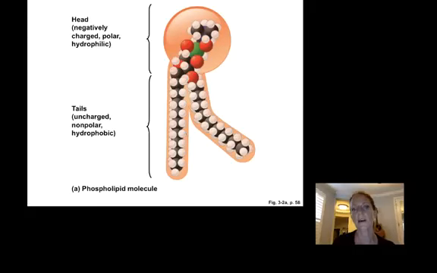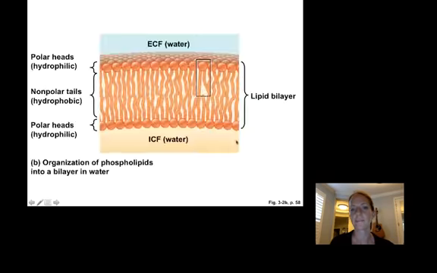So first a bit on phospholipid structure. So phospholipids have hydrophilic heads and hydrophobic tails. And they arrange themselves in a bilayer such that the heads are touching the solution, either the outside or the inside solution, and the tails are oriented inward and touching inward.